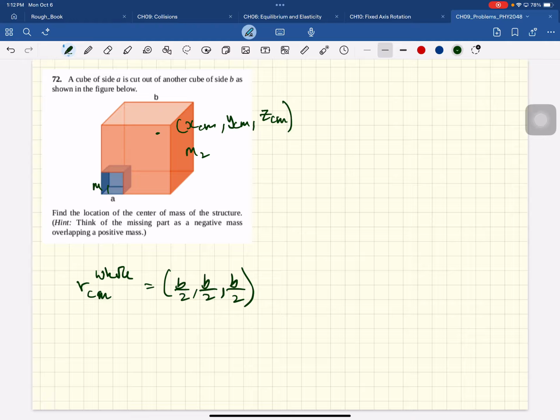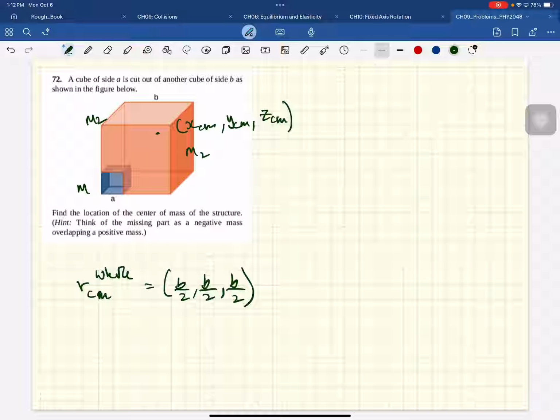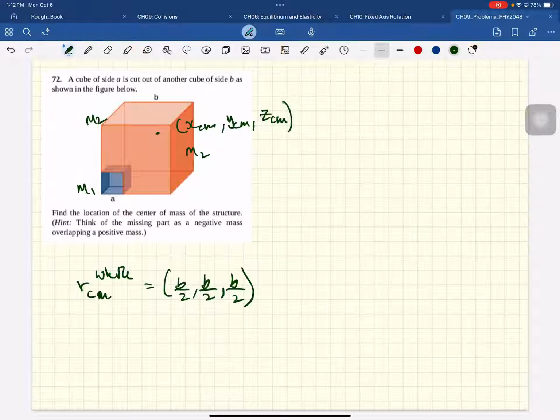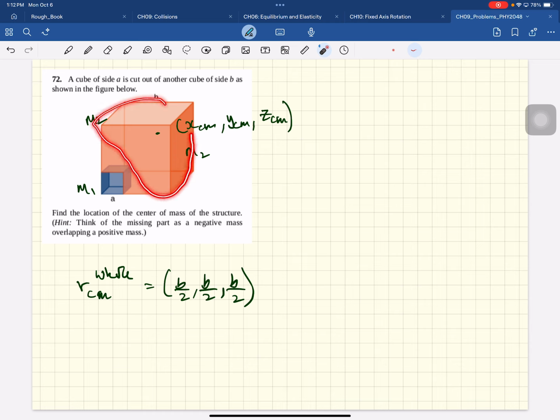The center of mass of the combined object we know is that. Let me write this. So imagine the whole thing. We're trying to find the center of mass of M2.